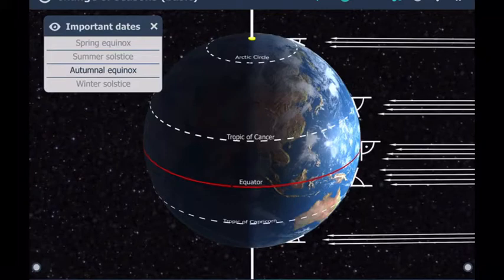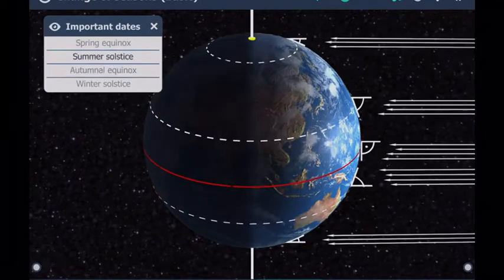Okay, so these are the 2 positions, students, spring and autumn equinoxes, wherein both the northern hemisphere and southern hemisphere have got equal length of day and night. This happens twice in a year, one on 21st of March, another on 23rd of September, because the Earth is not tilted towards either the northern hemisphere or the southern hemisphere.